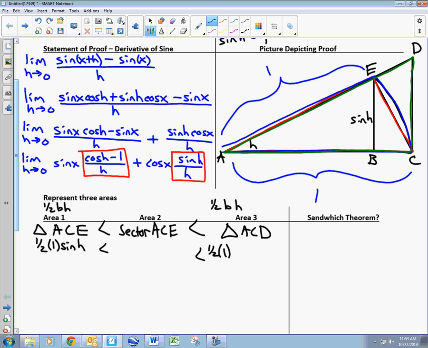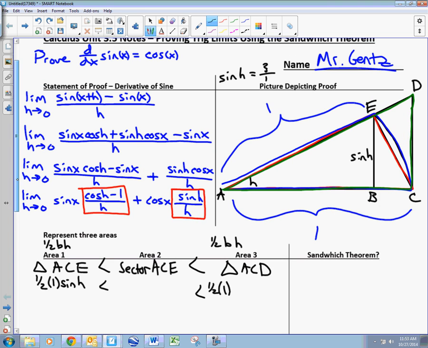Tangent of H. So, question mark over 1. We said so we wouldn't confuse the letters, we'd write a question mark. So sine of H is a question mark, whatever that length is over 1, or just sine of H.